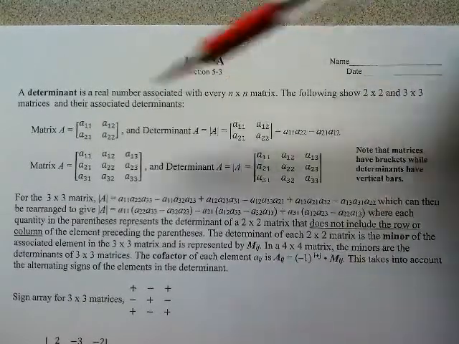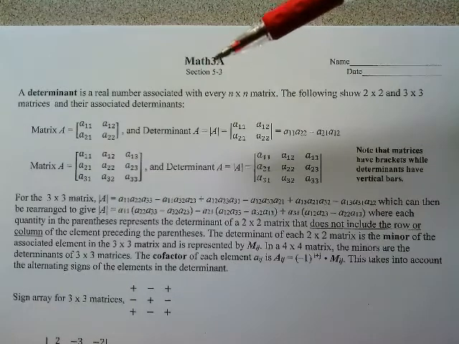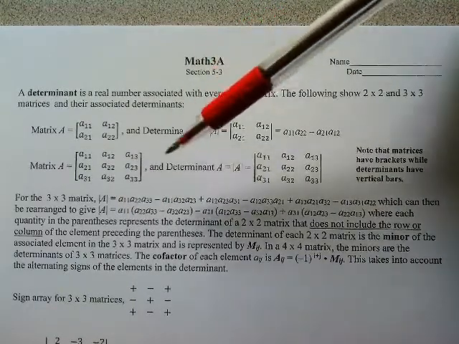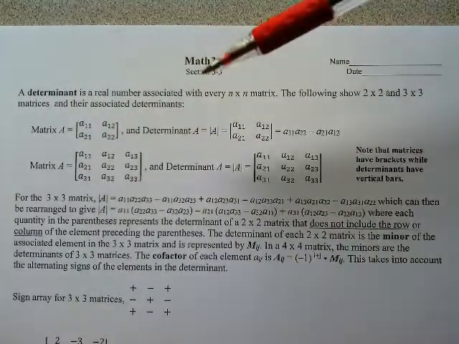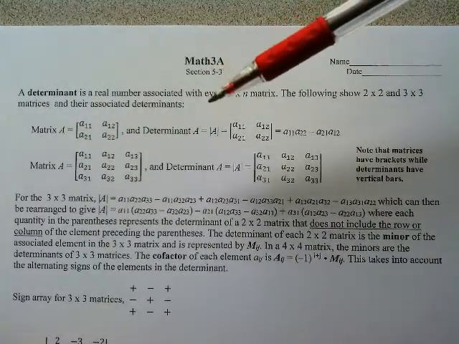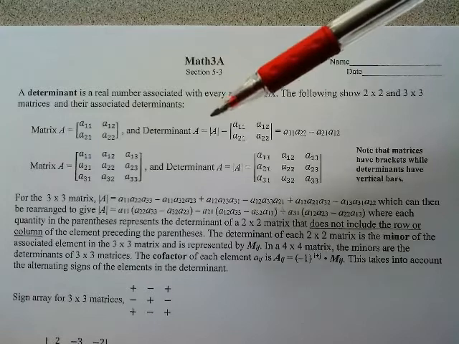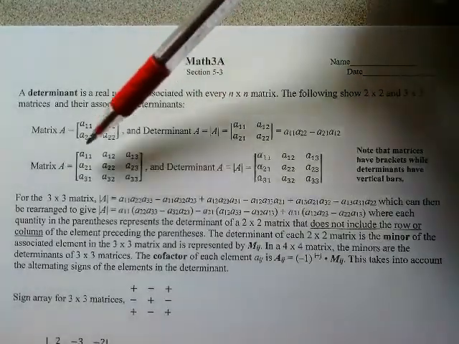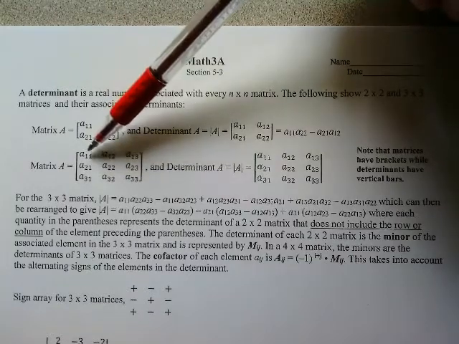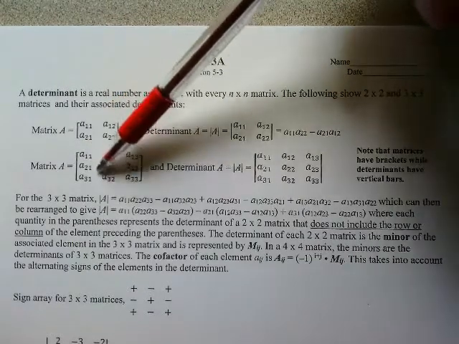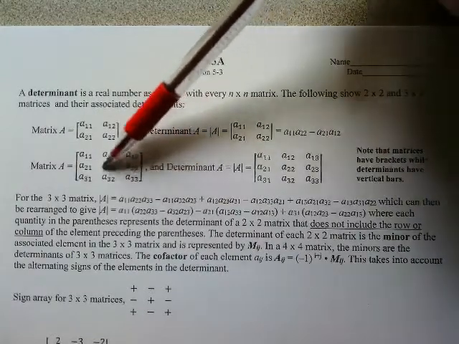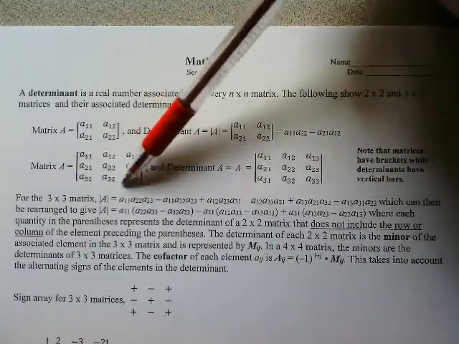Now if you're going bigger than 2 by 2, basically what you have to do is divide up the matrix into 2 by 2 pieces, if you will. So for example, we'd start off with A11, and then it would be associated with the determinant that would be the 2 by 2 in this corner.